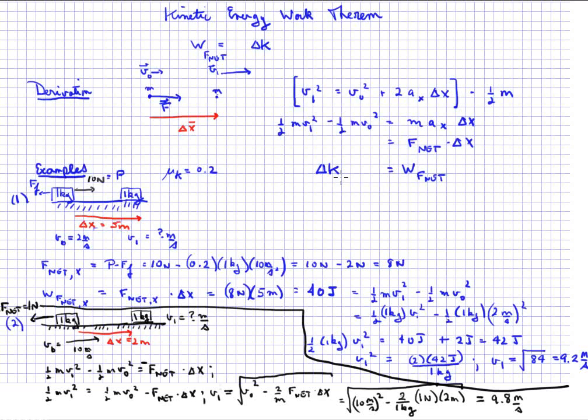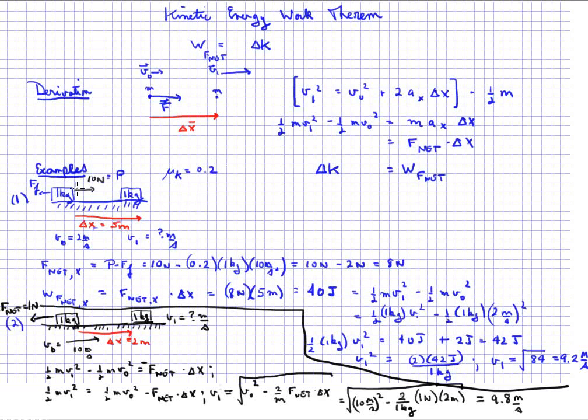Let's look at two examples, and I've squeezed two examples in down here. First example, consider a 1 kilogram mass sitting on a surface with mu sub k, a kinetic friction coefficient, of 0.2. So let's assume that it's moving.